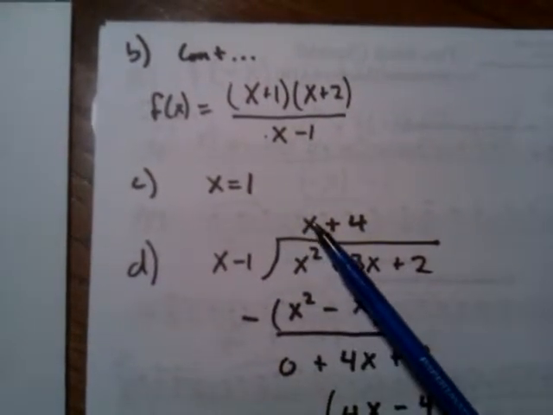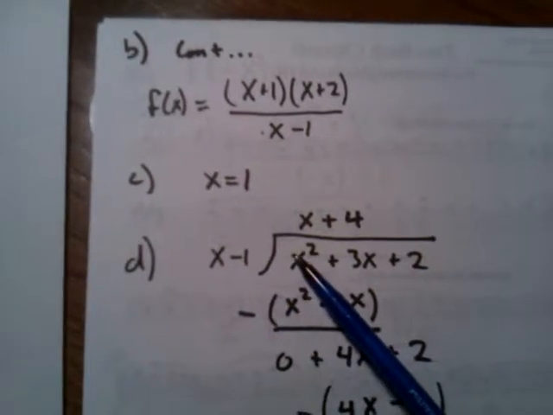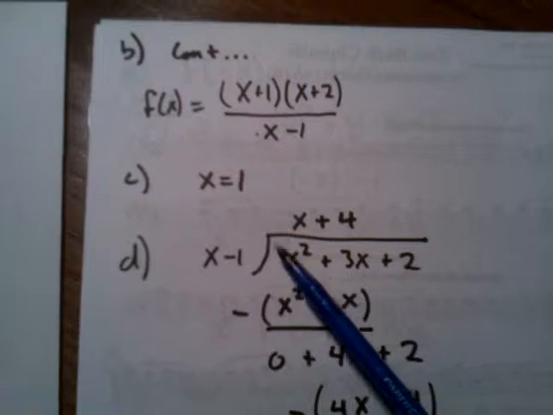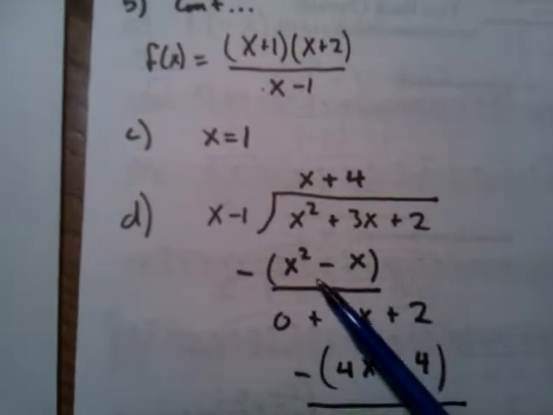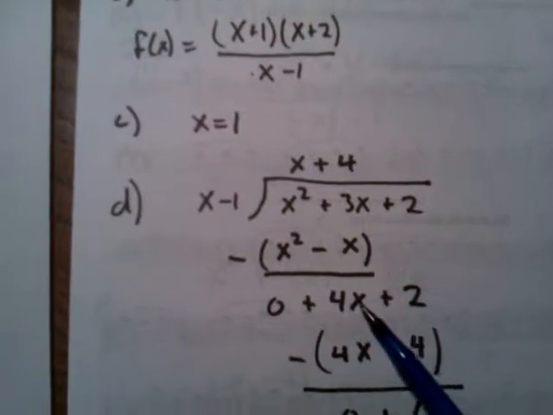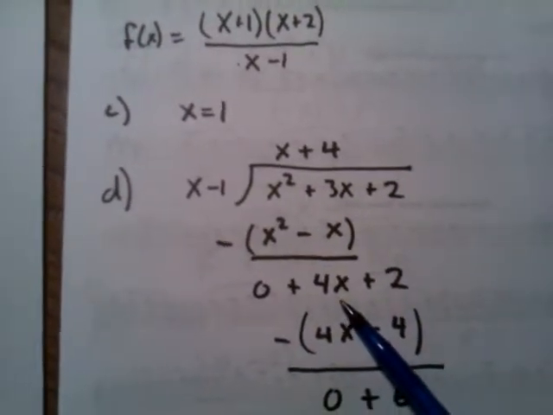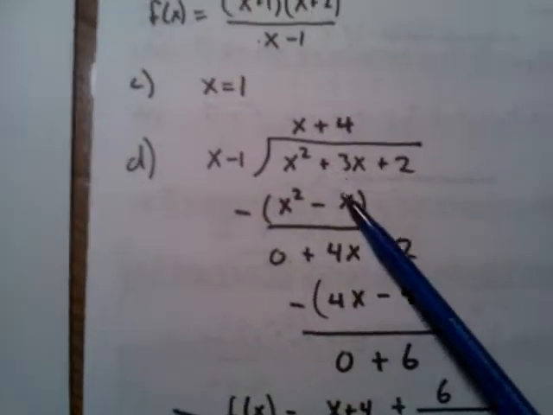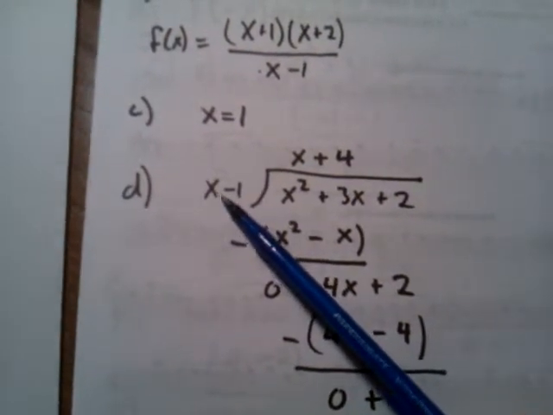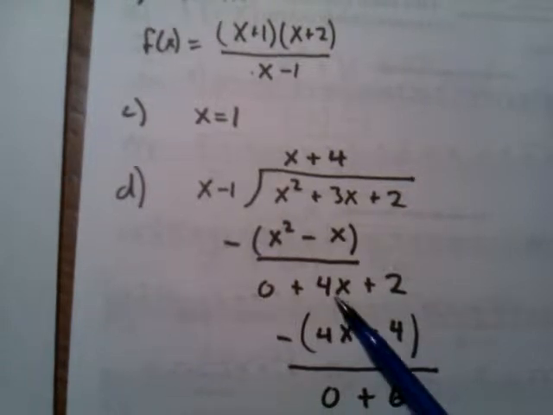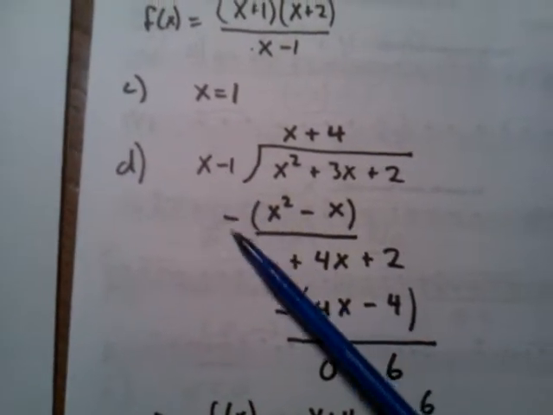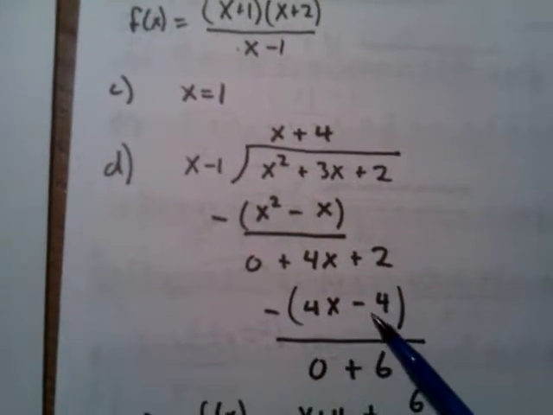We need to multiply x times this to get rid of the x squared. So x times x minus 1 gives us x squared minus x. We subtract that from this and get 4x plus 2. Then we do 4 times x minus 1, which gives us 4x minus 4.